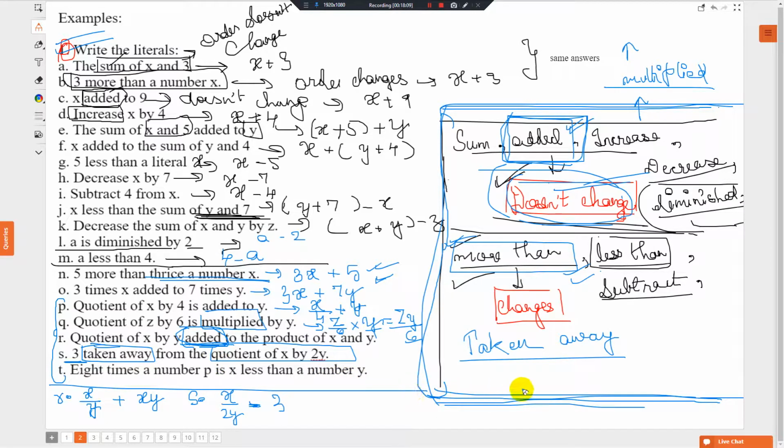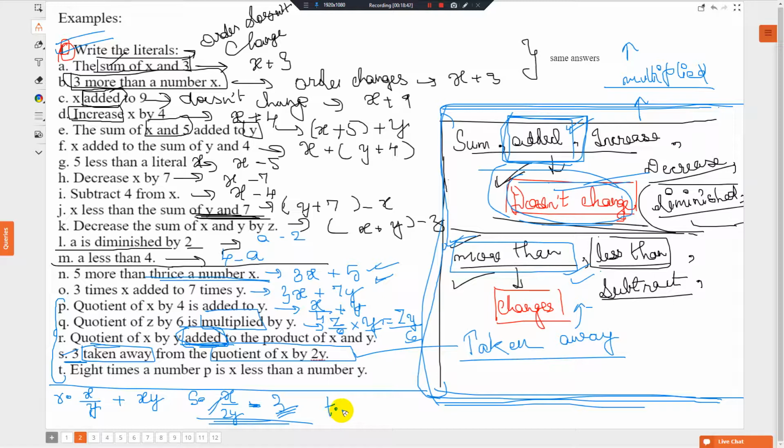So that means it comes in changes column. Taken away comes in changes column. So we changed it: 3 came at the right, x by 2y came at the left. But in the statement 3 was left, x by 2y was right. So we changed, right?